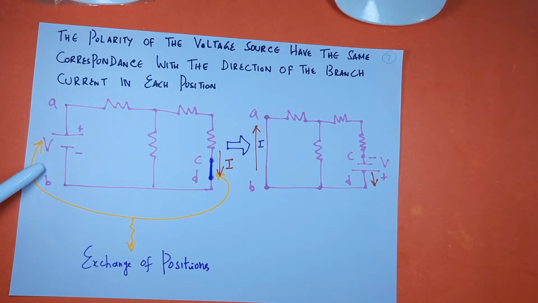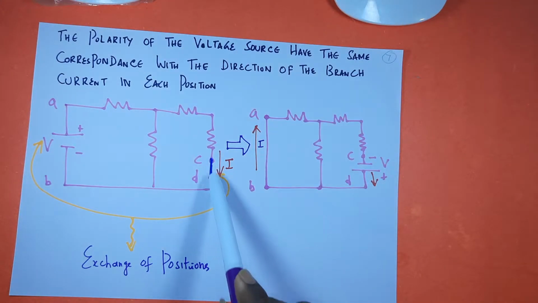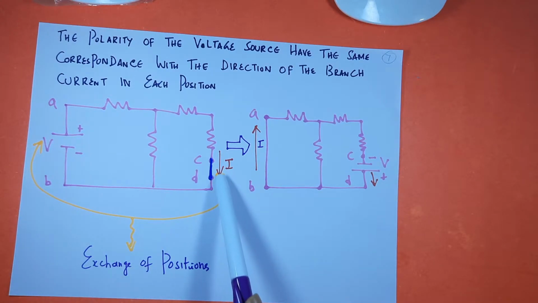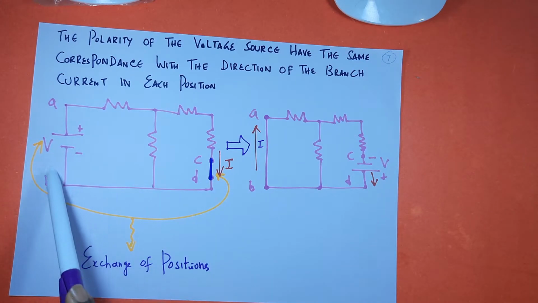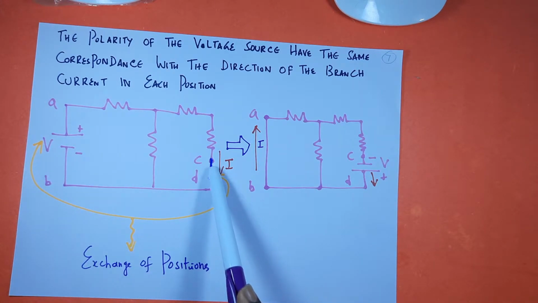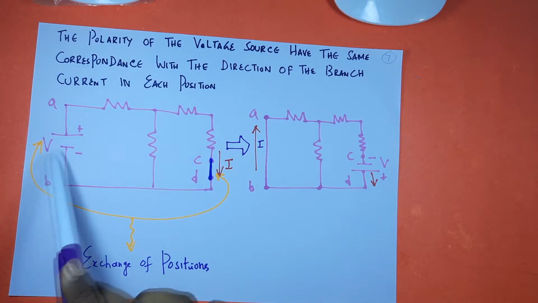So due to this single voltage source, current flowing through this portion CD is, let us say, I. Okay. So according to this reciprocity theorem, when you interchange these two positions, that means you have to bring this here, you have to take this here.